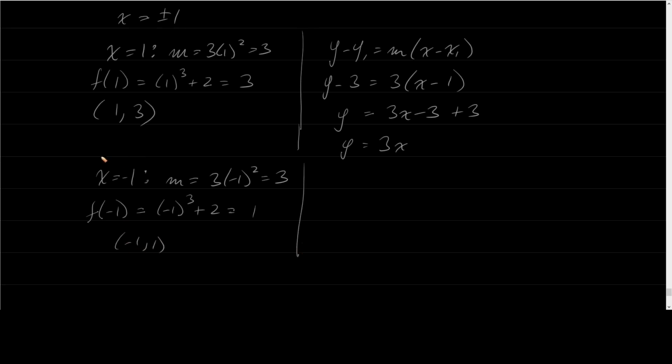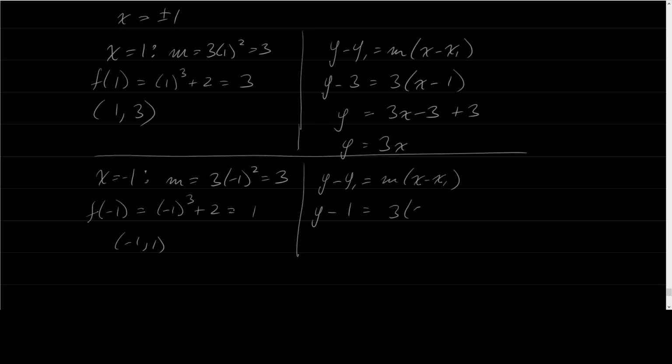Now, applying the same idea, we end up with y minus y sub 1 is equal to m times x minus x sub 1. That's our point-slope formula. In this scenario, y minus 1 is equal to m times x minus negative 1.